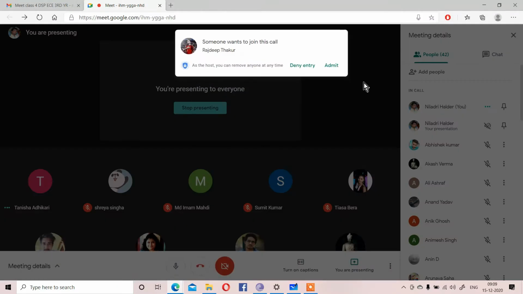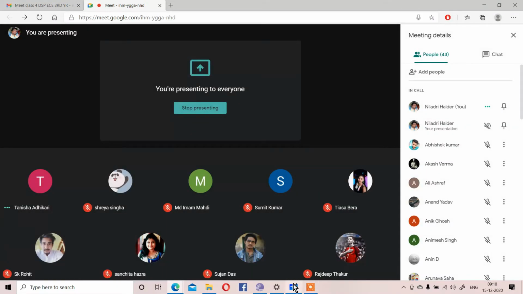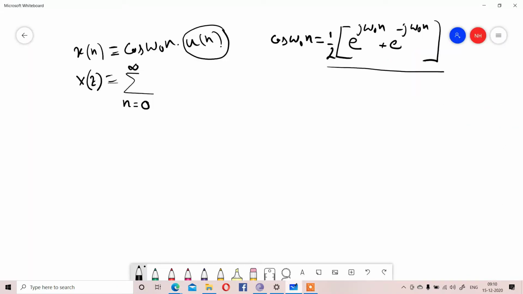I am writing this part as two different summations, taking half of e to the power jω₀n in one summation and half of e to the power minus jω₀n in the other summation.